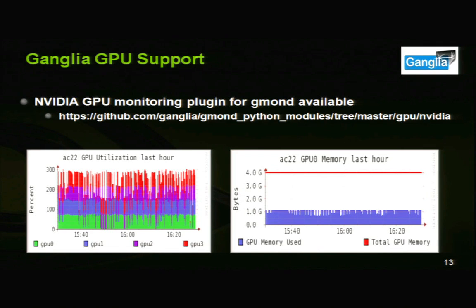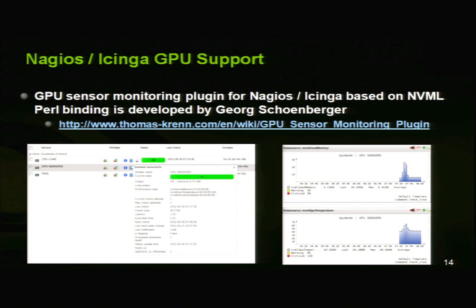We are providing this NVML library in order to integrate it in third-party tools like Ganglia. So there is a Ganglia monitoring plugin for GPUs, which you can download from this site, and also a sensor plugin for GPUs for Nagios and Icinga, based on this NVML Perl binding, which was written by Georg Schönberger, and you can download this from this website, Thomas Krenn, from the Thomas Krenn AG.